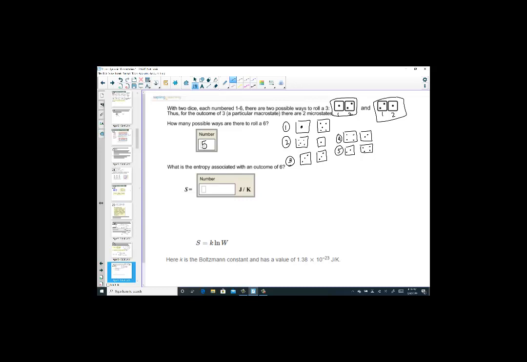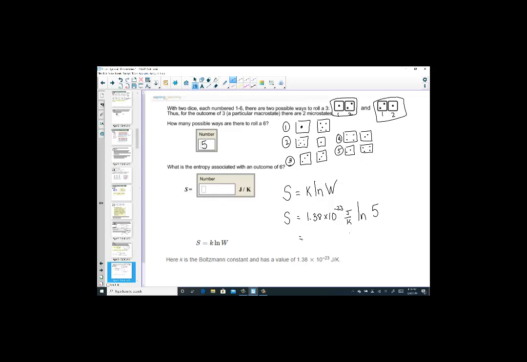What is the entropy associated with an outcome of 6? Well, our formula says that entropy can be calculated by using Boltzmann's constant times the natural log of the number of microstates. So the entropy of the system would require taking Boltzmann's constant, which we'll just round to 2 decimals, and the unit there is joules per Kelvin, times the natural log of the 5 microstates. And what do you find when you hit that?